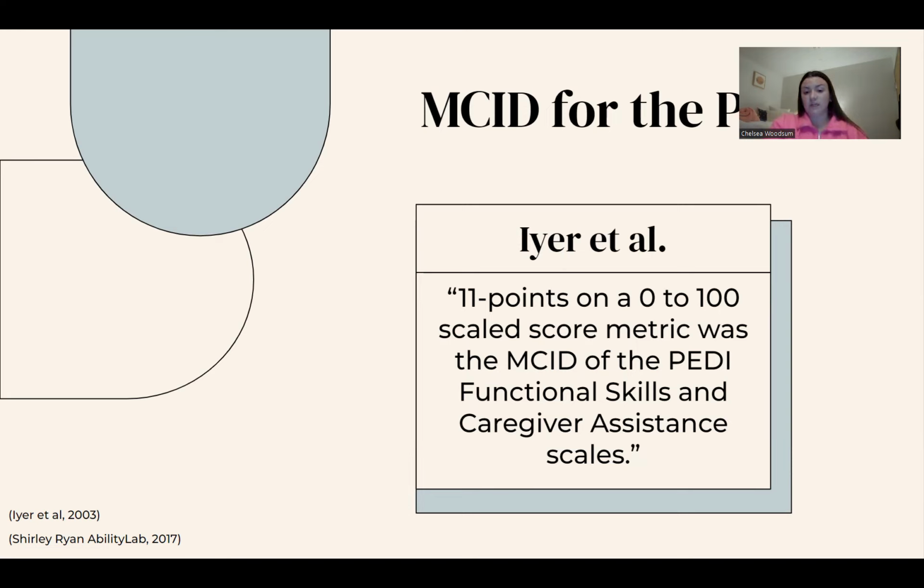And they basically found here, I took a direct quote from the article, that 11 points on a 0 to 100 scaled score metric was the minimal clinically important difference of the PD for the functional skills and the caregiver assistance skills. So essentially, this means that 11 points represents the smallest amount of change that might be considered important by the patient or the clinician, or something that the patient may feel from doing the intervention.